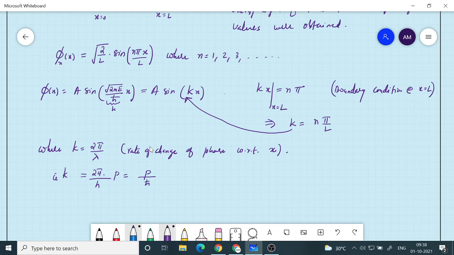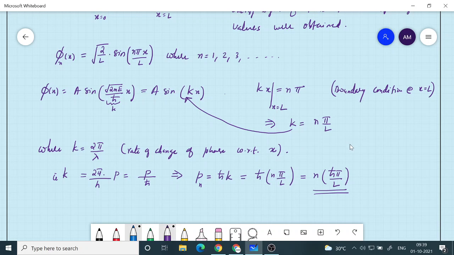So therefore momentum p is basically h cross k, and that is equal to, what is k? You substitute h cross into n pi by L. Okay, so you can see the value of momentum it will take is only discrete values that are allowed, which is given by n h cross pi by L. So these are the allowed momentum values.